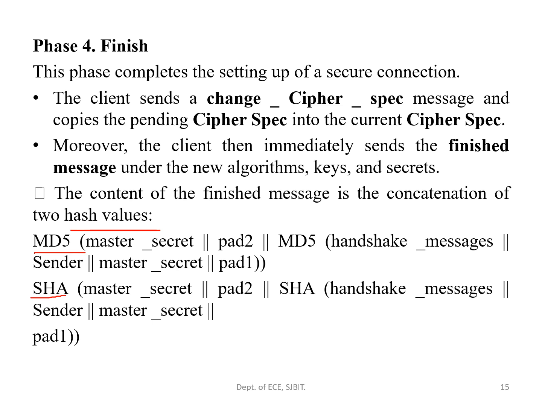Here we are going to use the secure hash algorithm of master secret and pad2, the secure hash algorithm of handshake messages, the sender and master secret and pad1. So this is the hash function format which we are going to use in phase 4, that is to finish the connection between the client and the server.